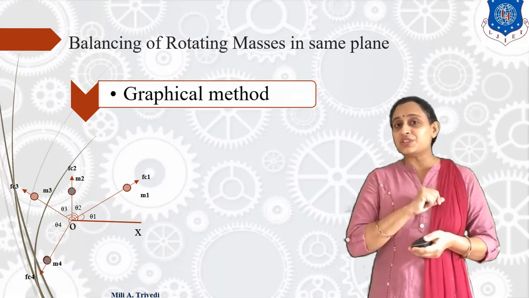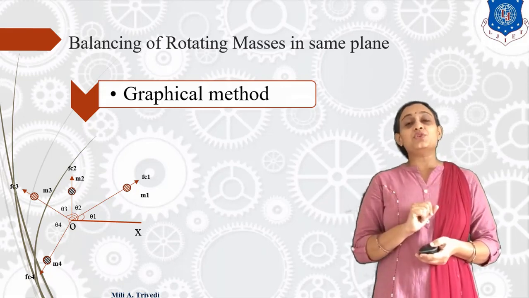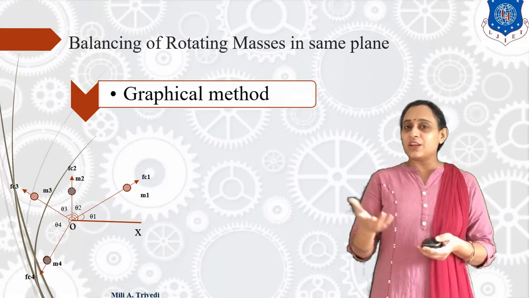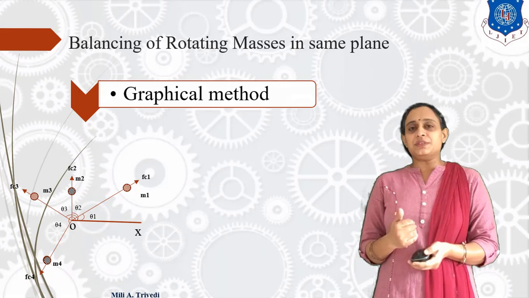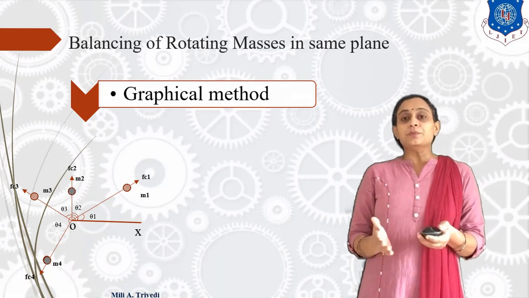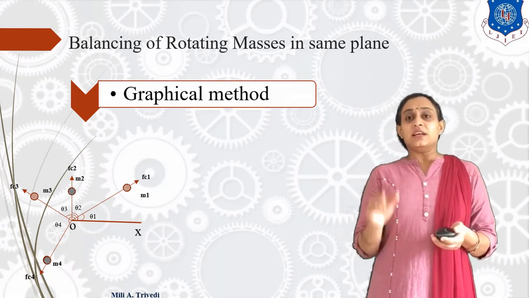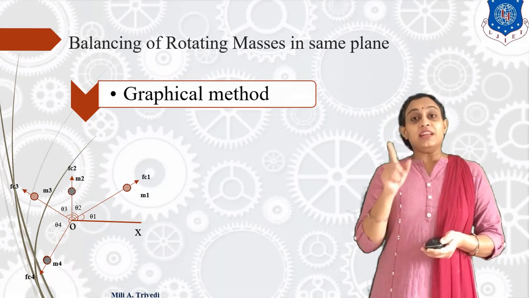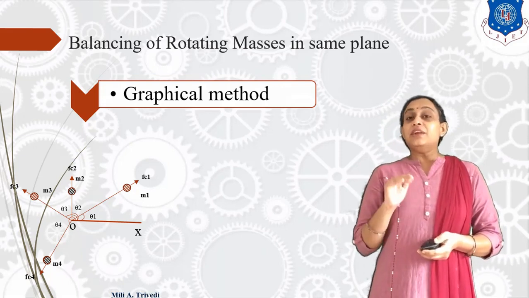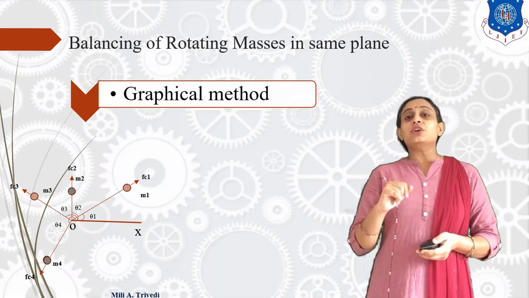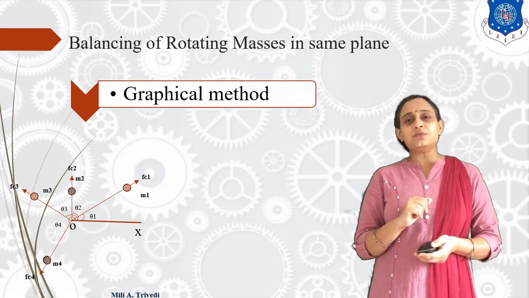If the rotation of the shaft is omega, what should be the angular velocity? Angular velocity is the same for all the masses. Now, for the sake of simplicity, we have to neglect that omega square value in our calculations.